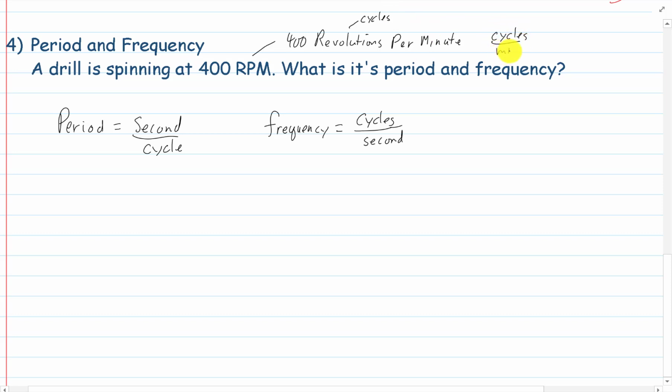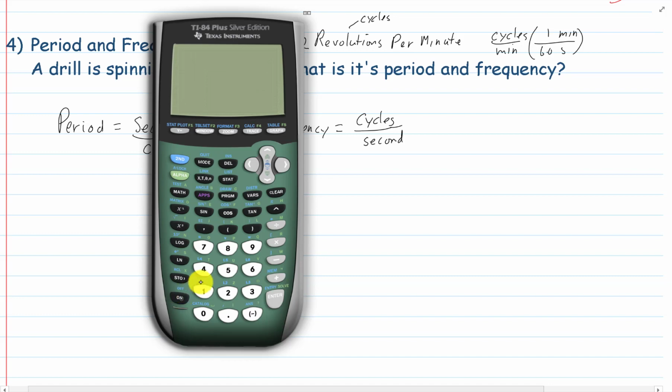We need to convert that to cycles per second, then we got the frequency. So got to get rid of the minutes and got to put seconds down below. And 1 minute is 60 seconds, so we've got to take this 400 and divide it by 60. So 400 divided by 60 is 6 2/3.